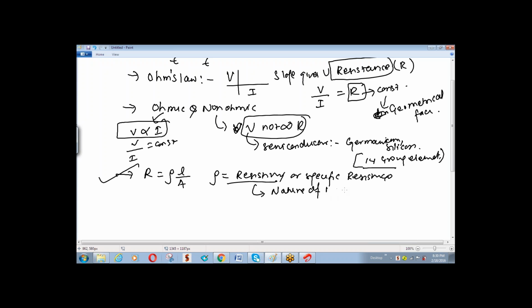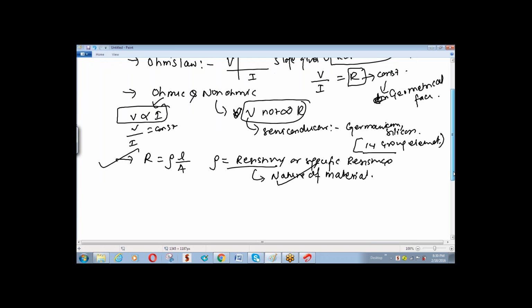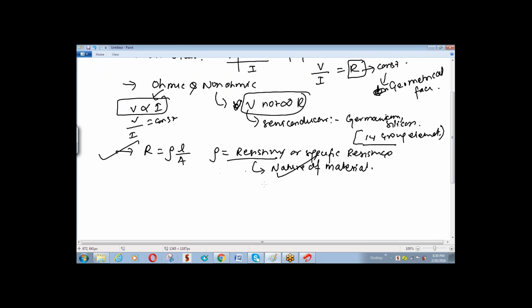I also told you that if in the question it is given identical metals or identical wires, it means same resistivity.